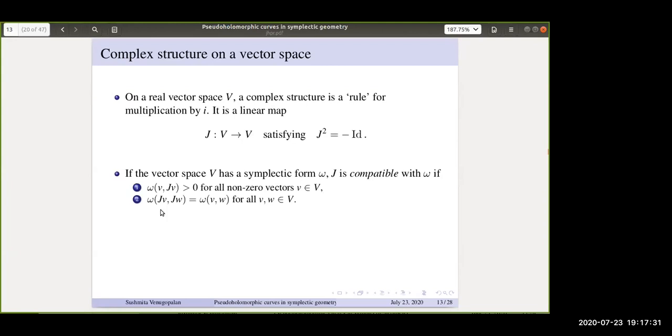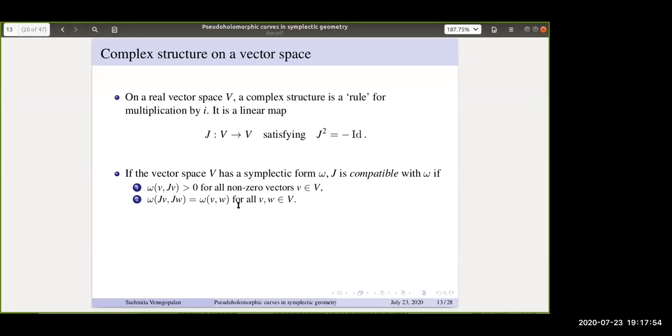Second, omega is J invariant, so you can pull out J from both the inputs and the omega value remains the same. That's what it means for the complex structure to be compatible with the symplectic form on a vector space.